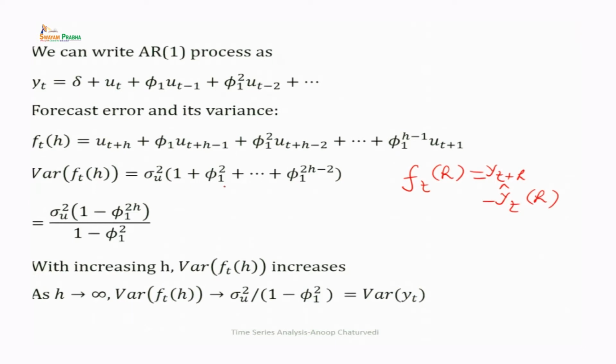And then again this is a geometric series, and the sum of this geometric series is 1 minus phi 1 to the power 2 h upon 1 minus phi 1 square, because the common ratio here is phi 1 square. And of course, sigma square u is also here.